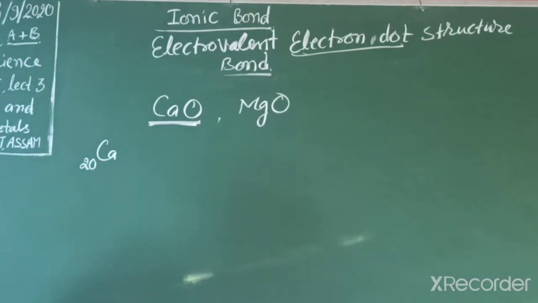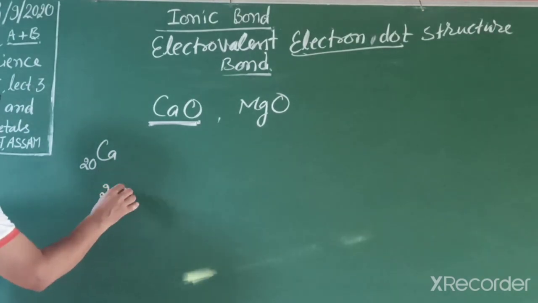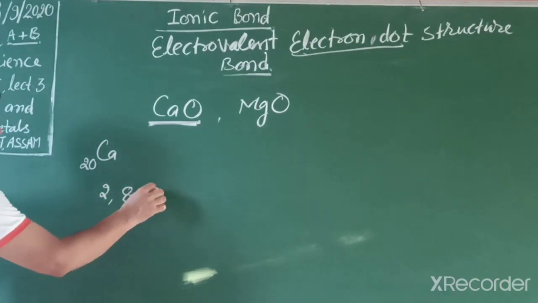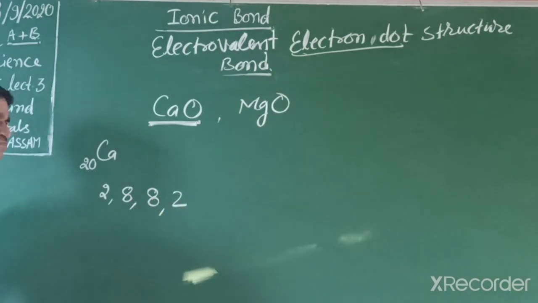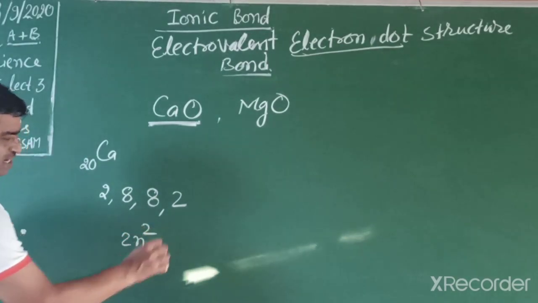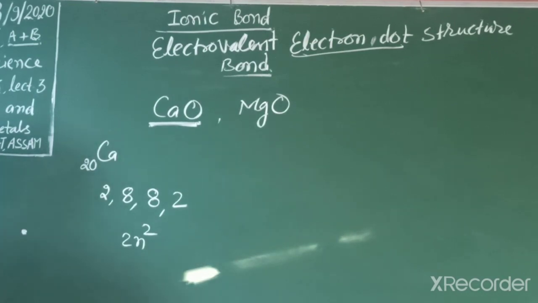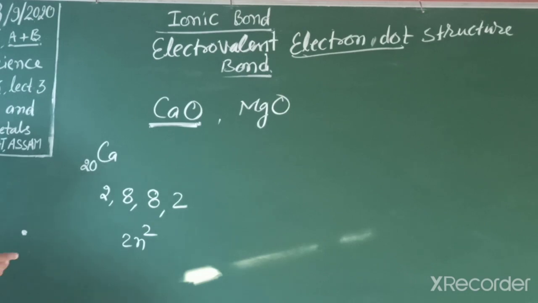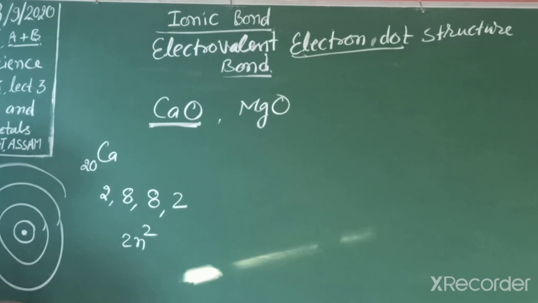We know the electronic configuration of the element is 2, 8, 8 and 2. You know this type of configuration from 9th class, because electrons fill according to the 2n square formula. What is n? n is the number of the shell: K, L, M, N, O, P. First shell, then second, third, fourth.